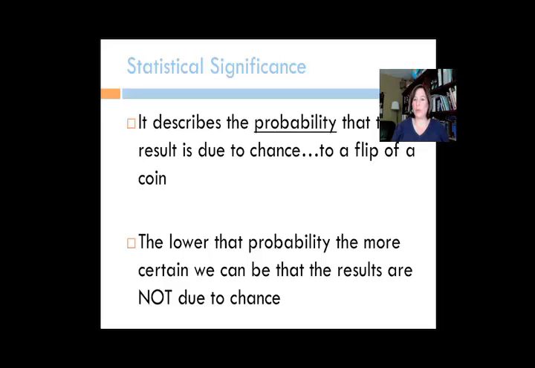Meaning that the lower the probability that it's due to chance, the more certain we can be that the results can be generalized to the population. So the lower that probability, the more certain we can be that the results are not due to chance.